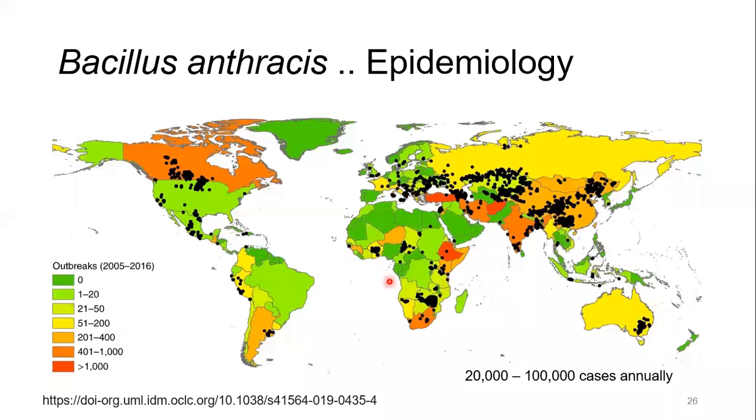That may be because it's not really being identified. The eastern part of Africa seems to be doing a relatively good job of identification, and South Africa, not so much the rest of Africa. But it's thought to cause about 20,000 to 100,000 cases annually, and that's globally.